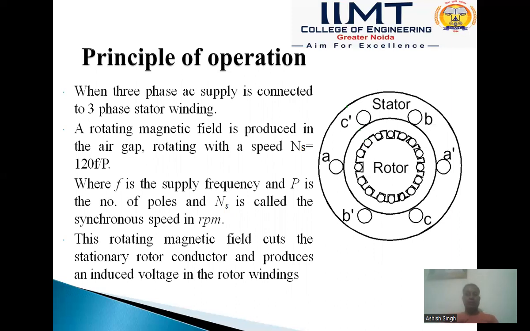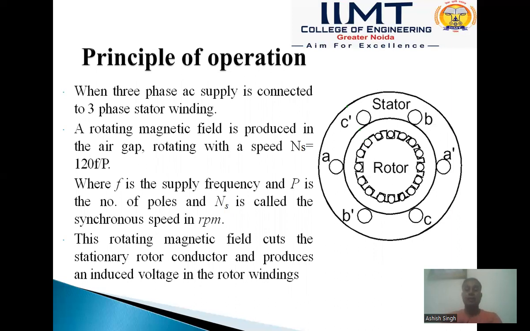So, in a three-phase induction motor, when a three-phase AC supply is connected to the three-phase stator winding, a rotating magnetic field is produced by this stator winding in the air gap present between stator and rotor.